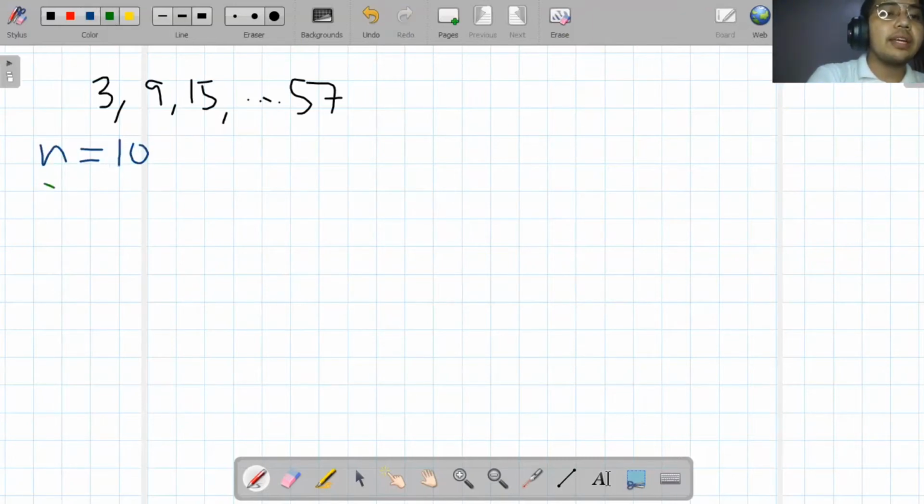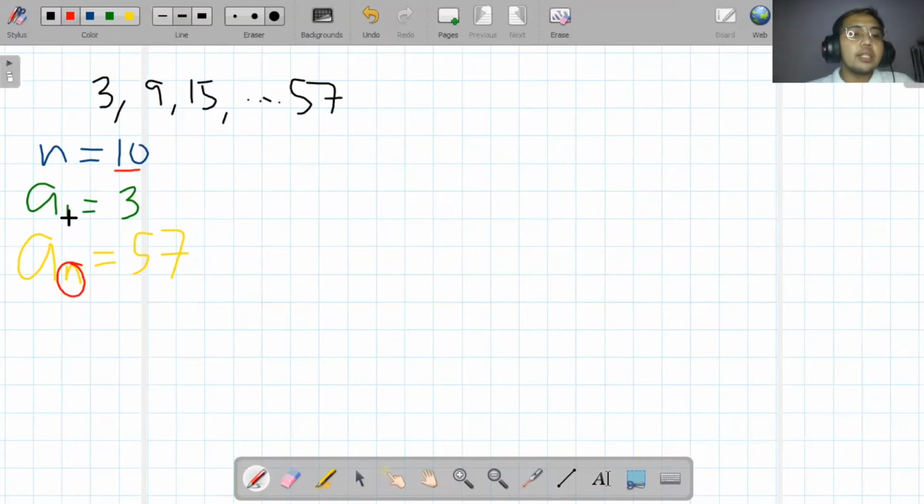Now, we have a sub 1, which is 3. And then, we have a sub n, or the last term, which is 57. And you know for the fact that n, which we computed, is actually 10. So, since we have our first term and the last term, and now we were able to compute n, we will use the second formula.